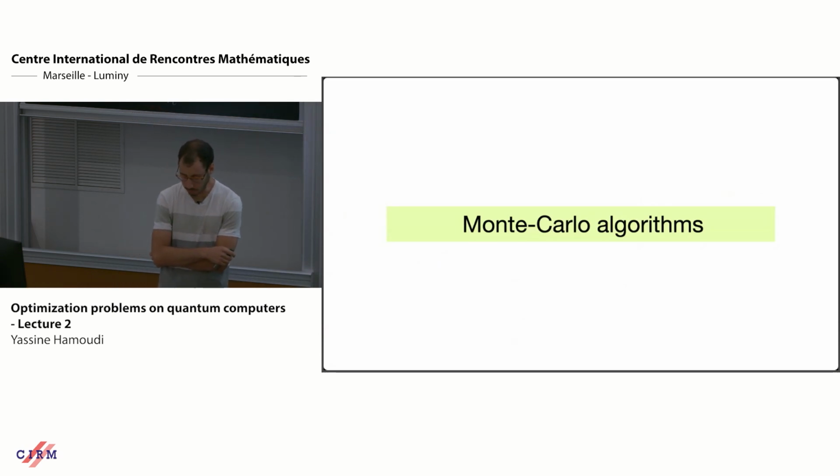So let's move to the last part of the talk. I want to show you a third family of optimization techniques using quantum oracles. This last family is based on Monte Carlo sampling.